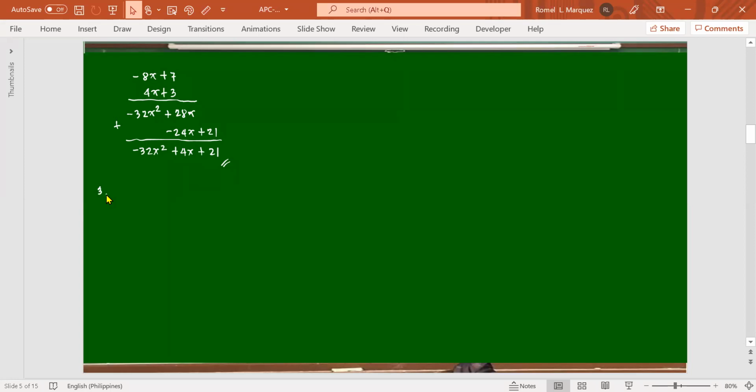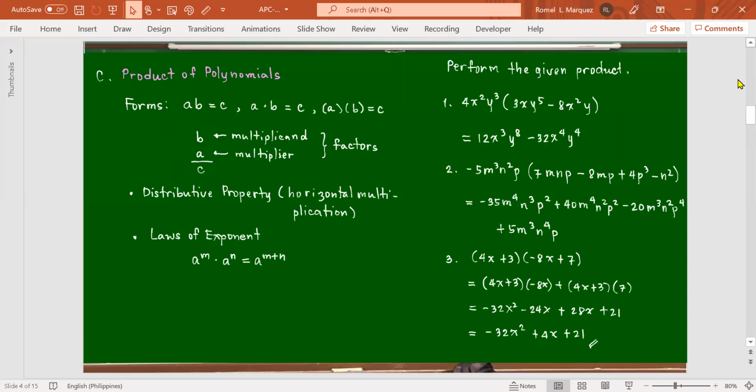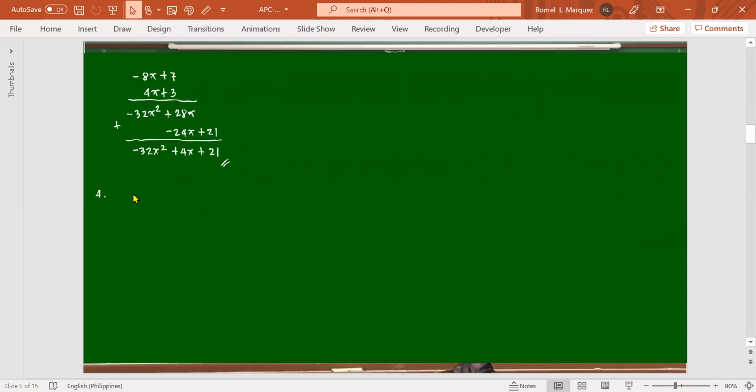Number 3, for writing. Let's say I have 7x plus 2y multiplied by 3x squared minus 4xy plus 8y squared.